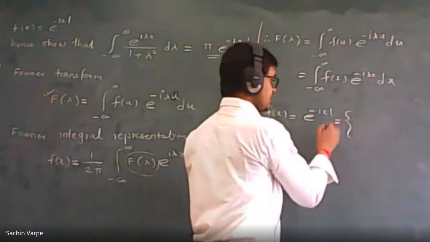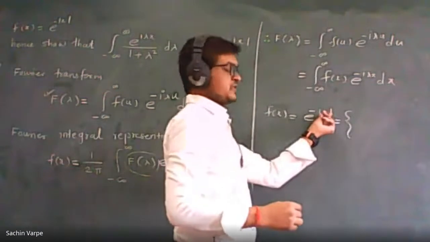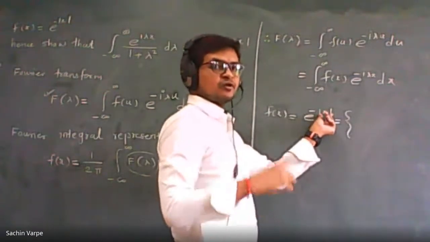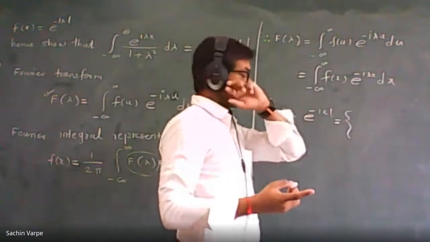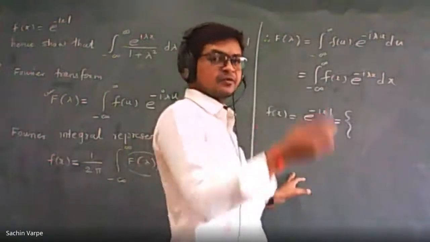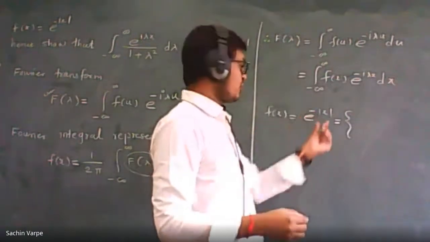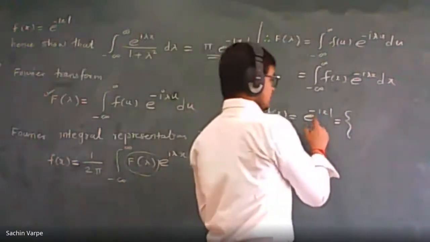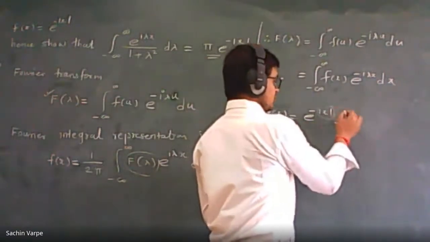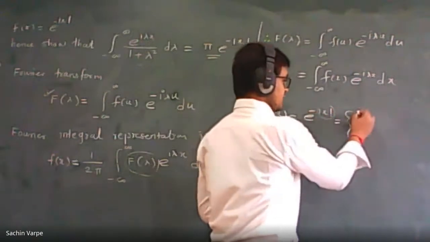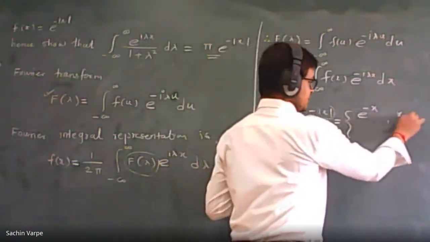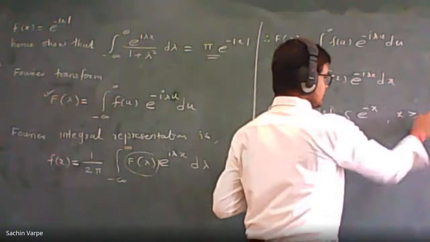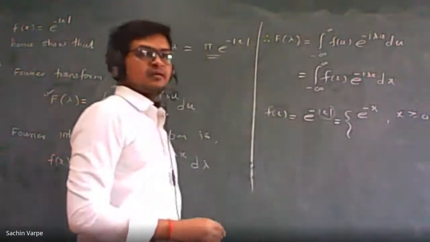what is the definition of mod x? Mod x is plus x in the positive x interval, right? And mod x is minus x when x is negative, is it? So this will be positive. So e raised to minus x when x is greater than or equal to 0, right?